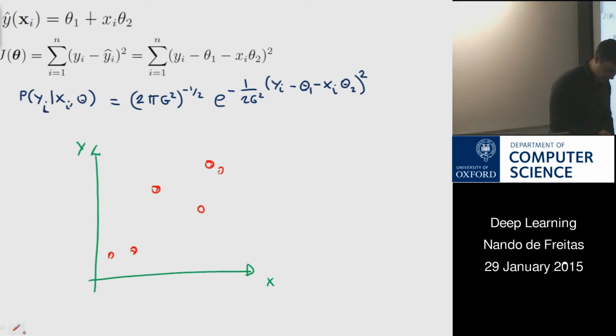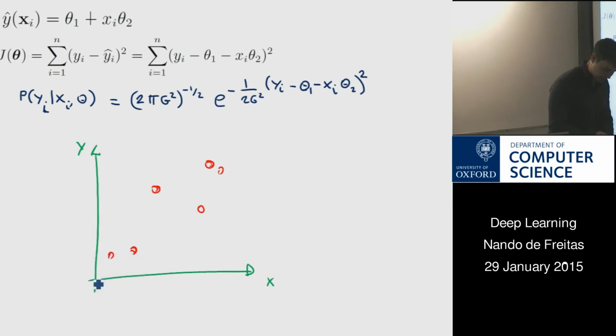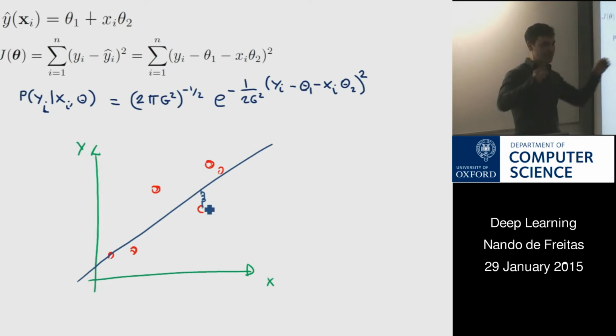And our task was to fit a line to these points, and we did this by requiring that these springs come to a minimum energy point. So that was our way of minimizing loss.